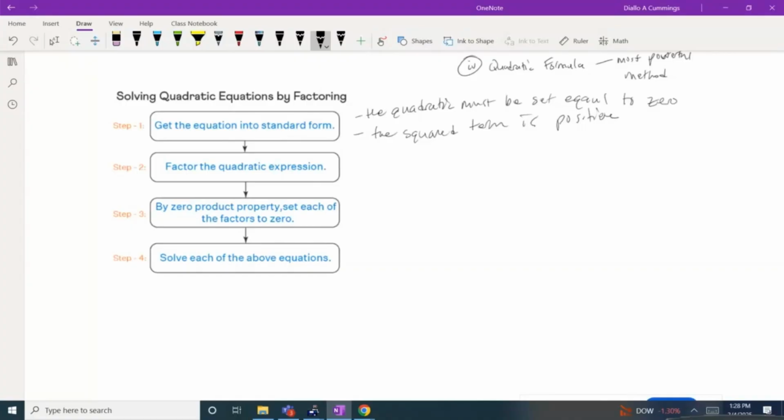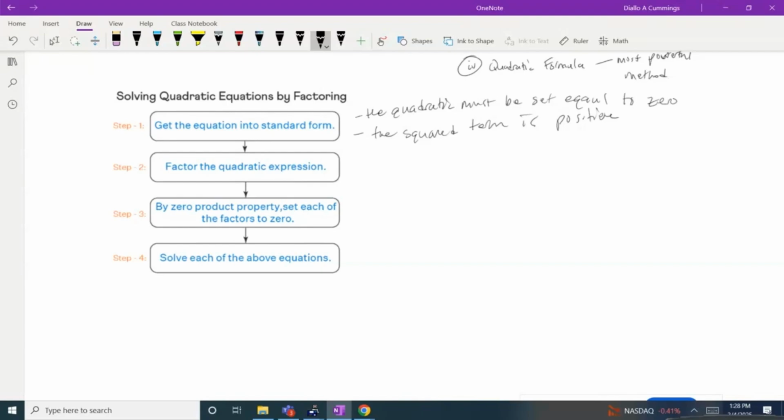So for the quadratic formula and for this method of solving, the equations must be in standard form. That means it's set equal to 0 and that squared term must be positive.